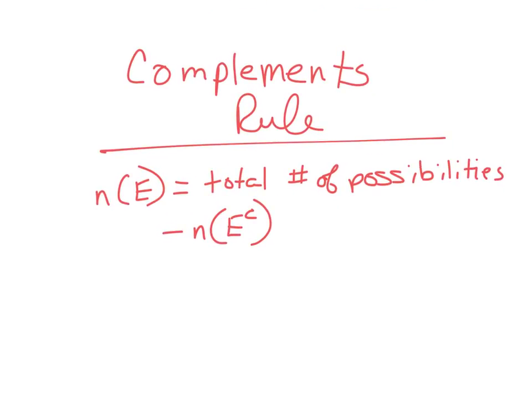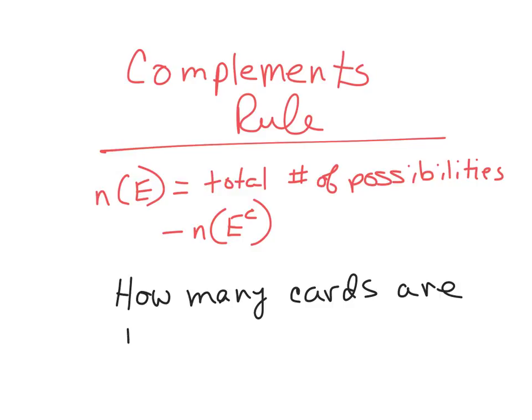So sometimes it's easier to figure a problem straight on. Sometimes it's easier to use the complements rule, which I call coming in the back door. If I say, let me get my marker the right color here that I want. How many cards are not kings?